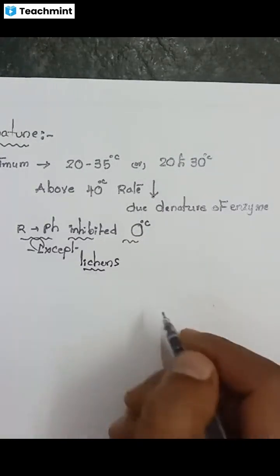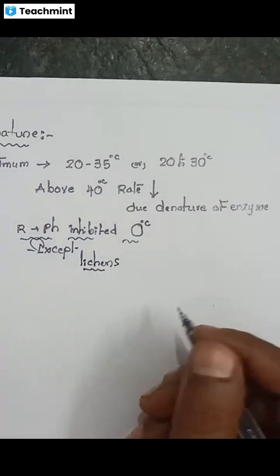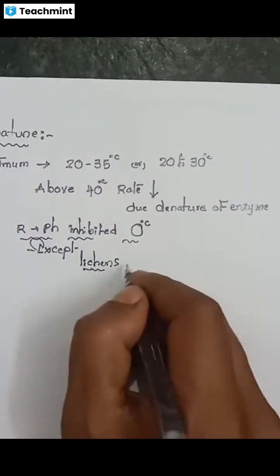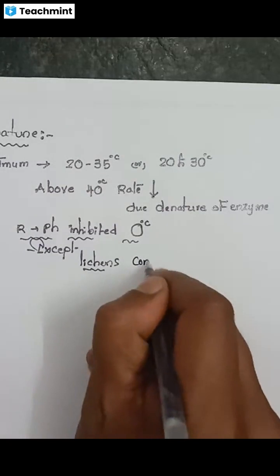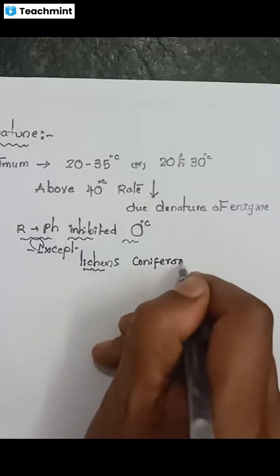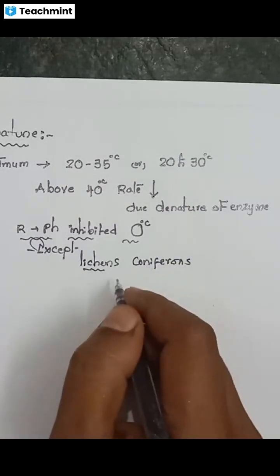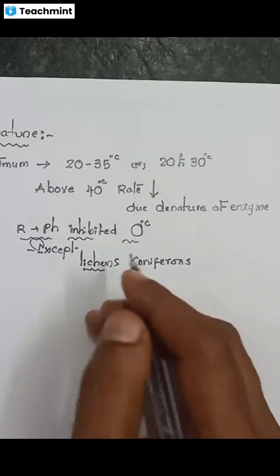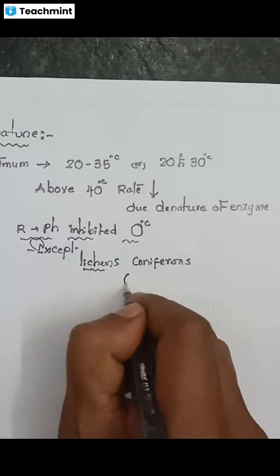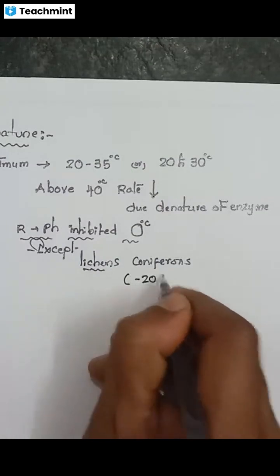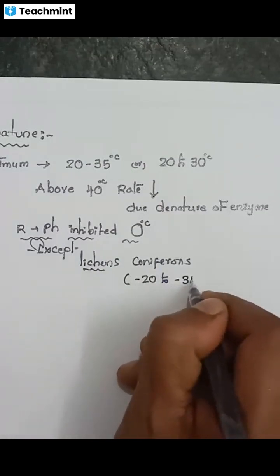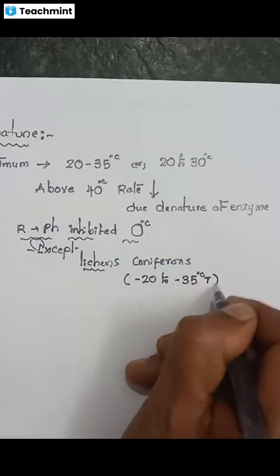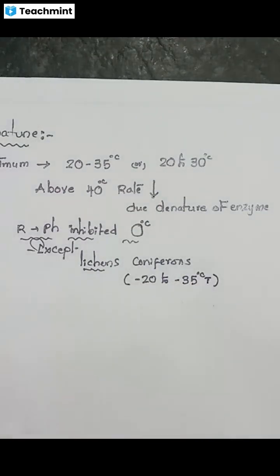Generally, the rate of photosynthesis is inhibited at 0 degrees.